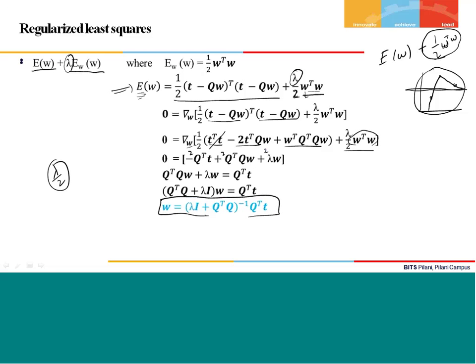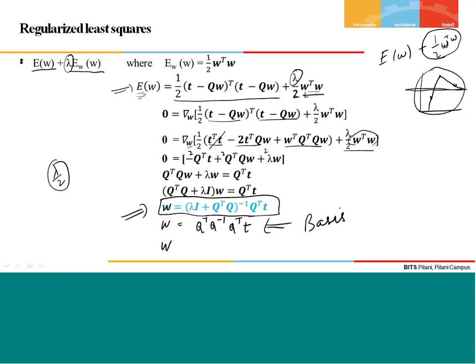You will get this W. This is what you get for the weight vectors when you do regularization. When you don't do regularization, what will you get? Q transpose Q inverse Q transpose T. This is with basis functions.